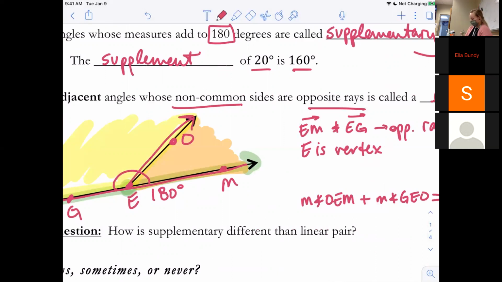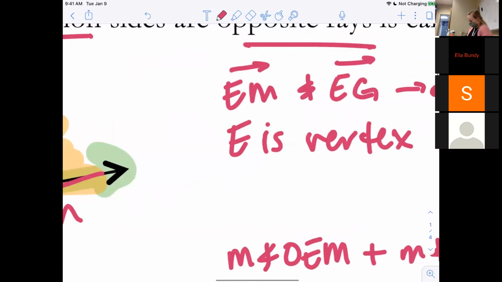E-O. That's why sometimes I like shading it, and I know some of us use our pens and papers and not the iPads. I sometimes shade on my pen and paper too, because I can see where the shading connects, and I'm like, oh, that's where the angles meet. That's the shared side. Sometimes the visual is what helps me. So E-O is shared side.